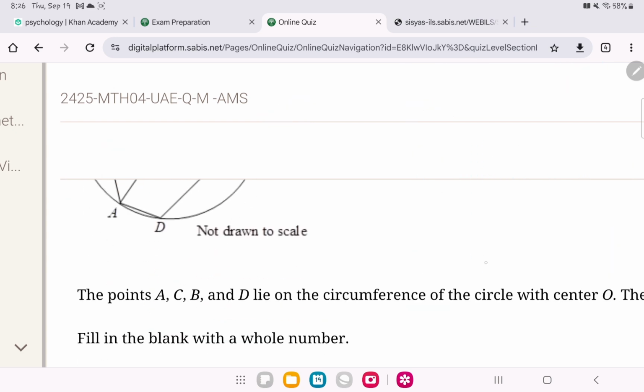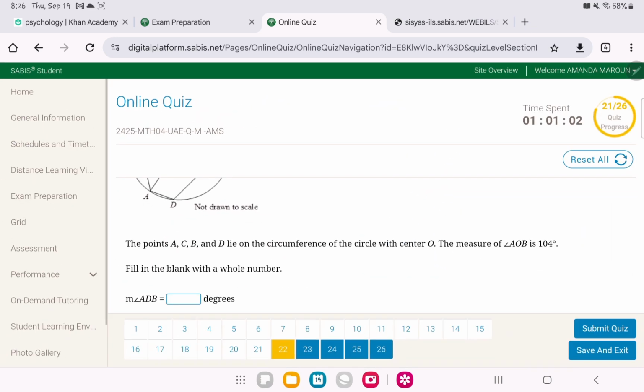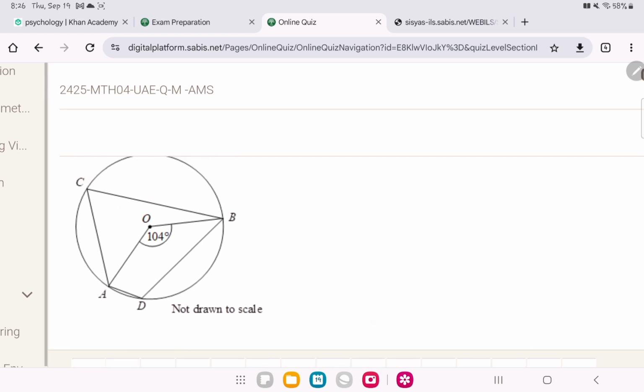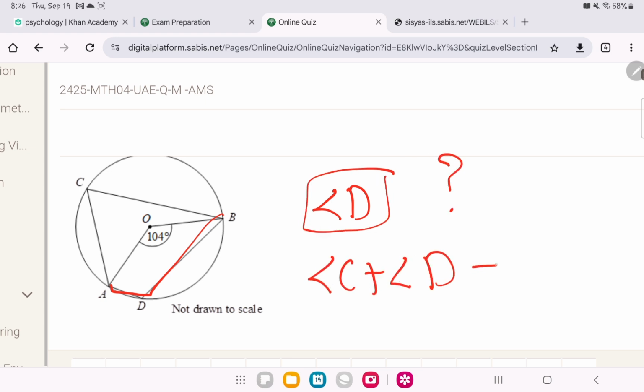Then they need us to find what? They need us to find the measure of ADB, or basically the measure of angle D. They're saying how much is it? We know that angle C plus angle D is equal to 180. To find angle C, it is an interior angle, so we need the measure of the arc.